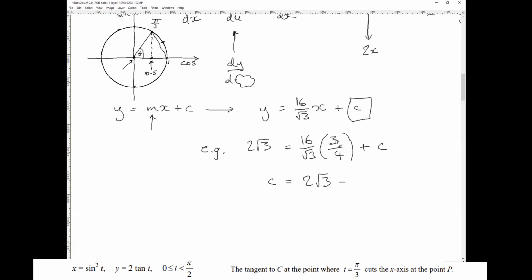And 3 over root 3 cancels to... What does 3 over root 3 cancel to? 1 over root 3?